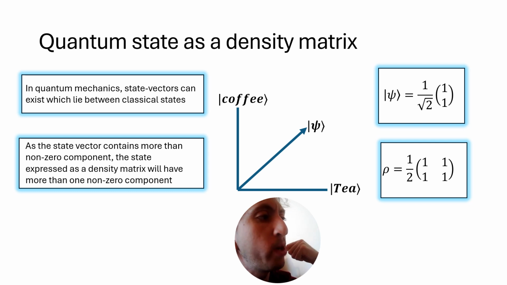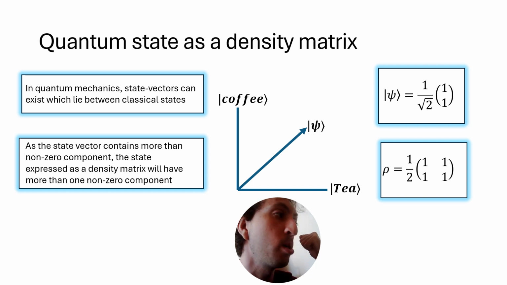So firstly, if we have a classical pure state as a density matrix, there is one non-zero component. If we have a pure quantum state described as a density matrix, there is more than one non-zero component. And if we have a density matrix describing a classical mixed state, then there is also more than one non-zero component.